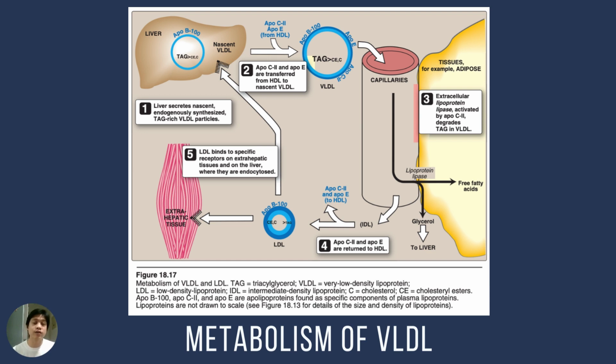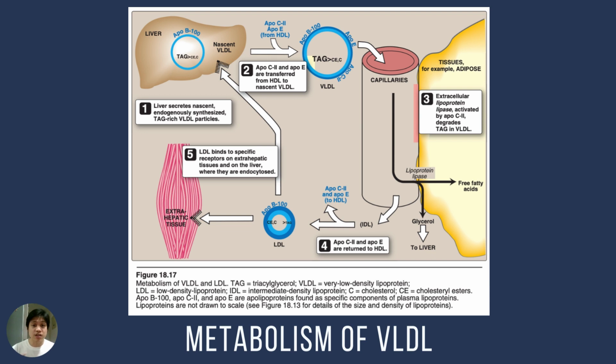And like the chylomicron remnant, the VLDL traverses the capillaries where it encounters lipoprotein lipase. And like chylomicrons, by action of the lipase, the triglycerides are hydrolyzed and you release free fatty acids to the peripheral tissues and glycerol back to the liver.